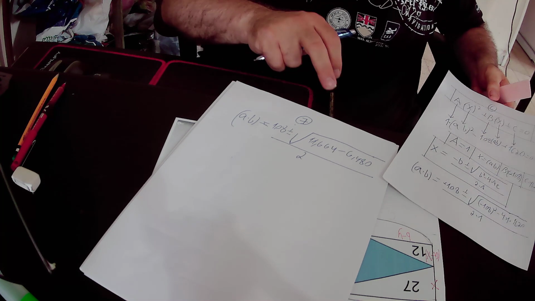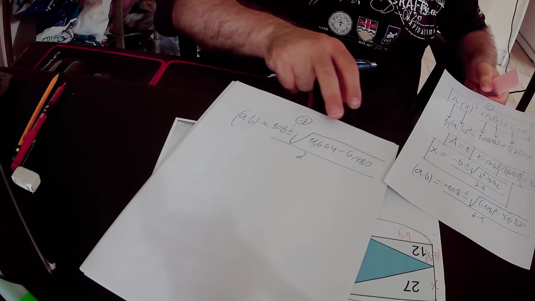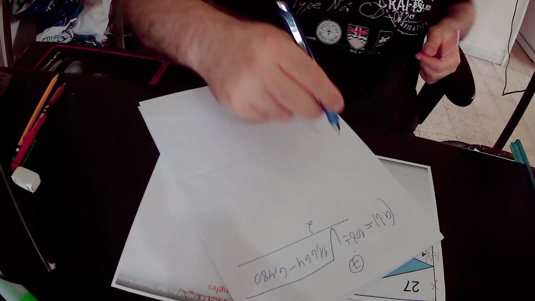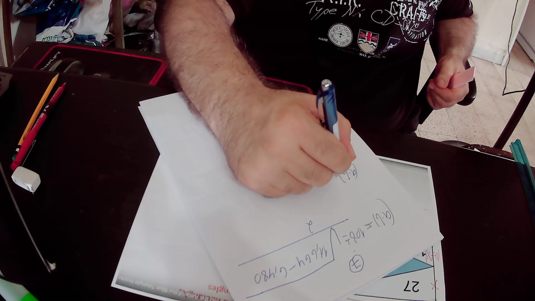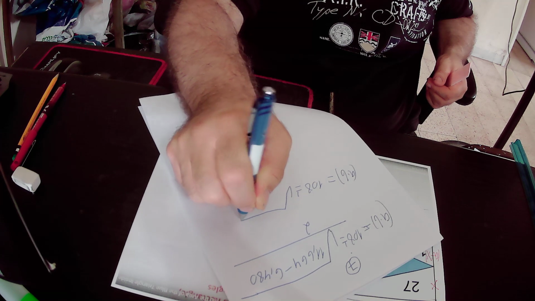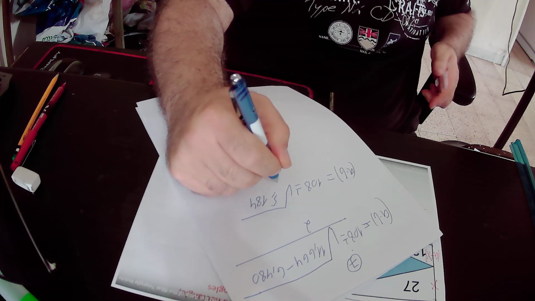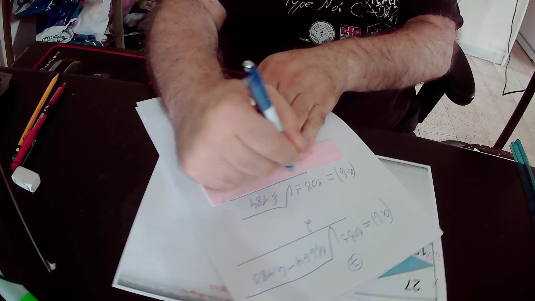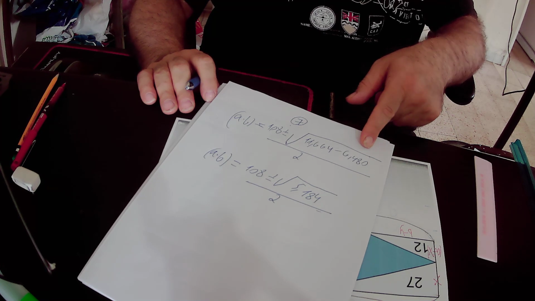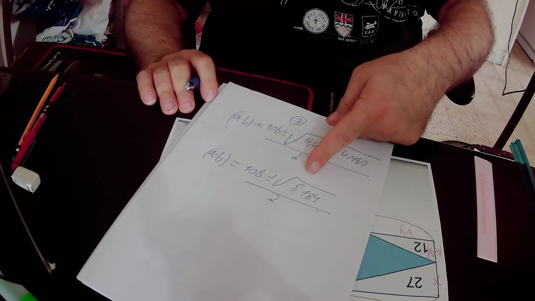Now we subtract 6,480 from 11,664, and we will get that 11,664 minus 6,480 equals 5,184, and the root of 5,184 equals 72.